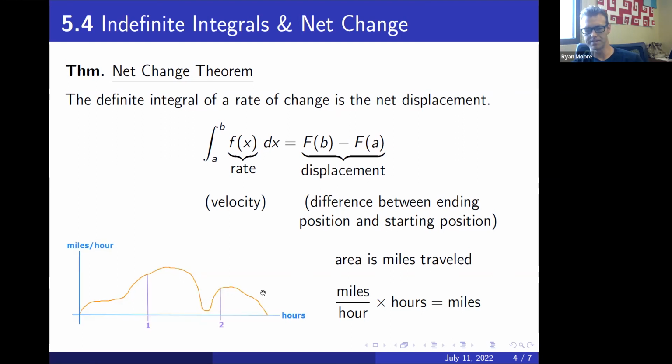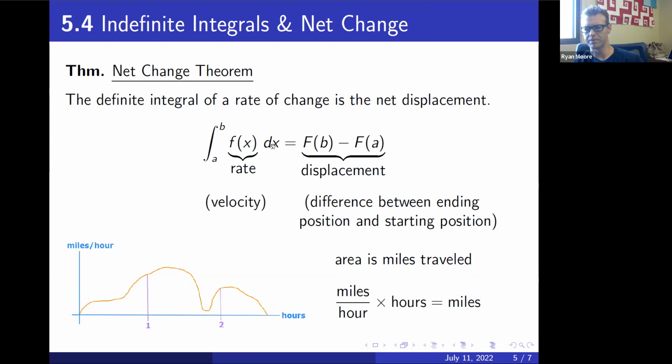If we did something like this, just from maybe the 1 hour mark to the 2 hour mark. Well, no problem. We could fill in just this area and find only the miles traveled here.